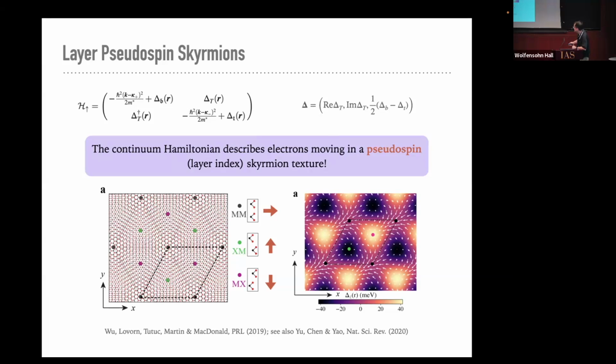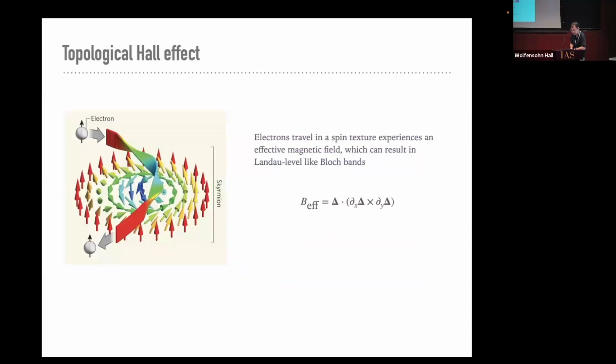Okay. So now you can see that even in terms of topology, we have a very simple real space understanding: we are basically looking at an electron moving in a skyrmion lattice, but it's a pseudospin because here it is a layer index. And we are all aware of the topological Hall effect.